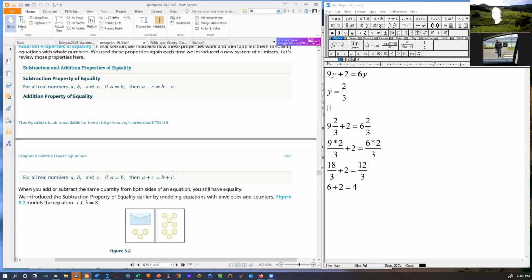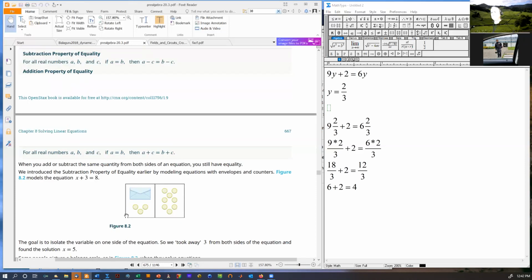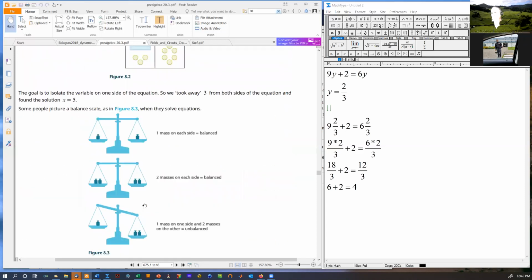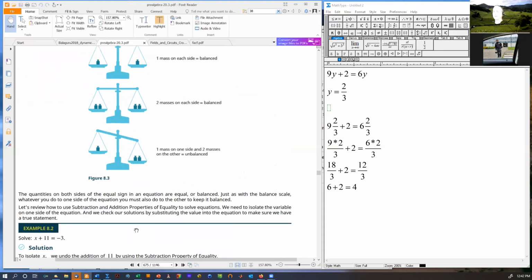Okay. So they've got a visualization here where they had envelopes and counters, or they have masses, all right? So if you have equal masses on both sides of a scale and they're balanced, and we add the same mass to the same side of the scale, then they remain balanced, right? But if we only add mass to one side of the scale, then they're not balanced.